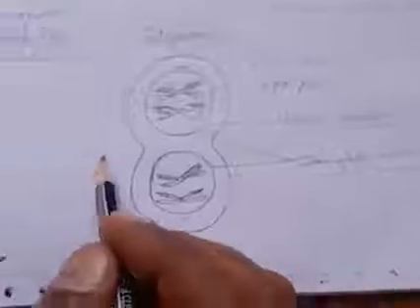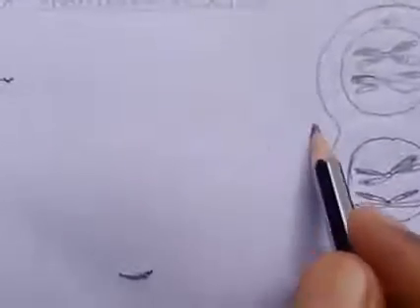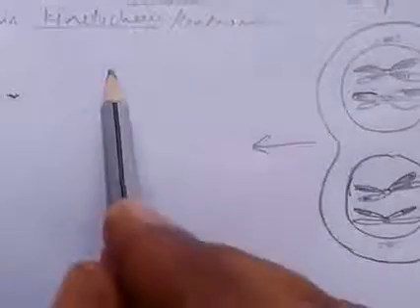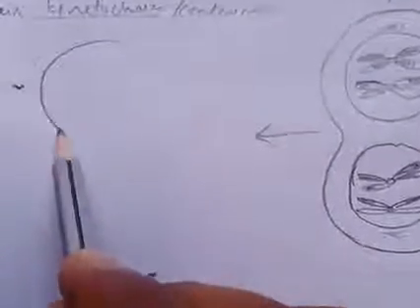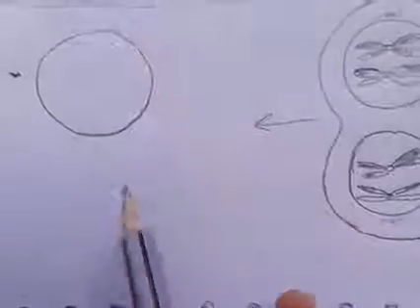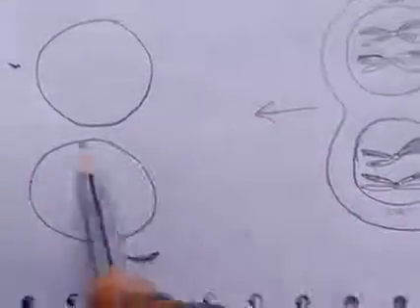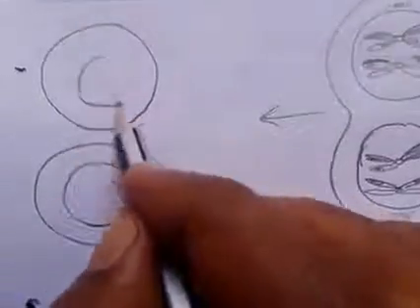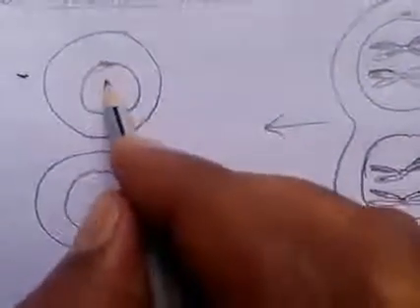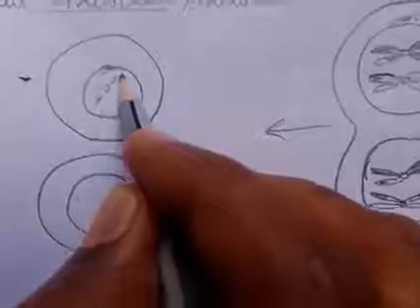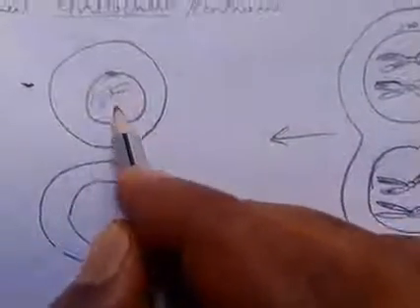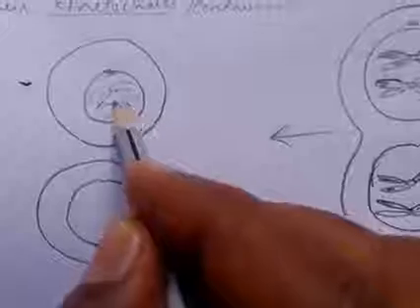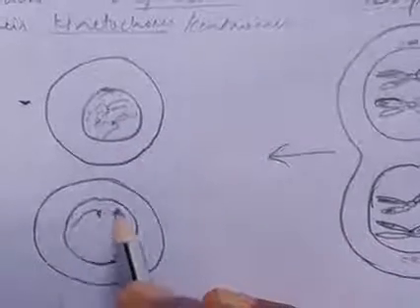And next I'll take the cytokinesis. So you can observe the cytokinesis. After cytokinesis there is a formation of two complete cells. The constriction is here, and the chromosomes form chromatin again because of the decoiling process, right?